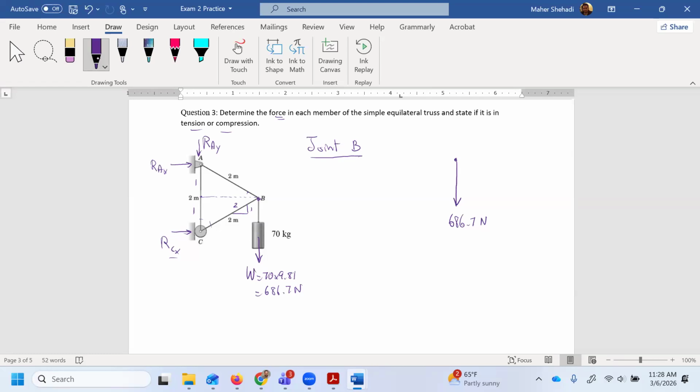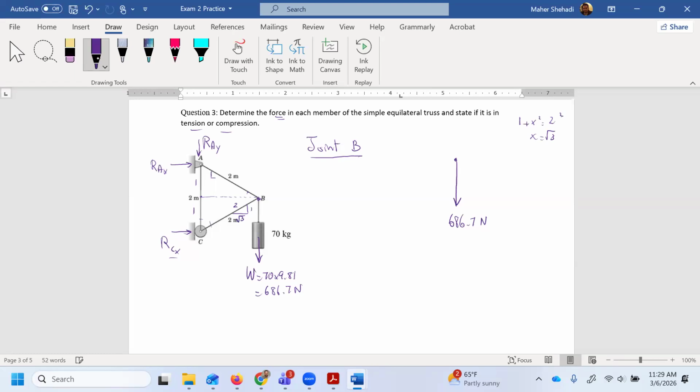I need to find the x direction. So it's actually 1 plus x squared equal to 2 squared, the hypotenuse squared, therefore x is the square root of 4 minus 1. So it's square root of 3.